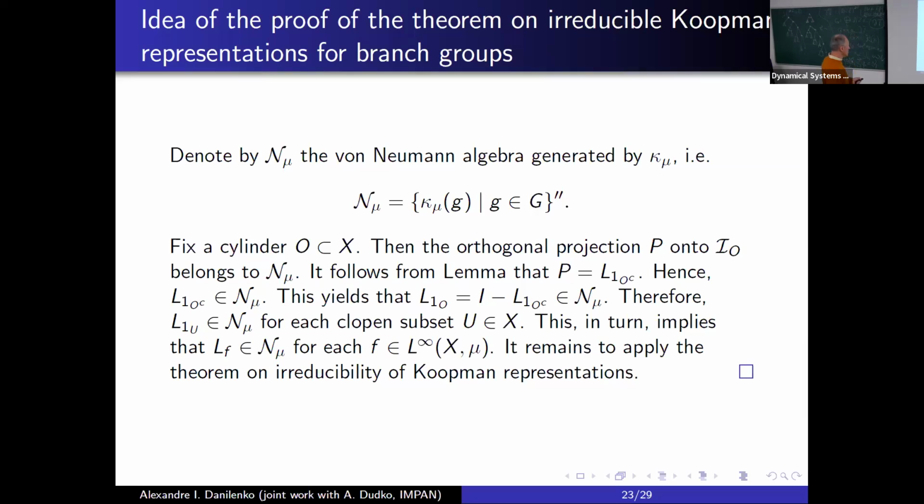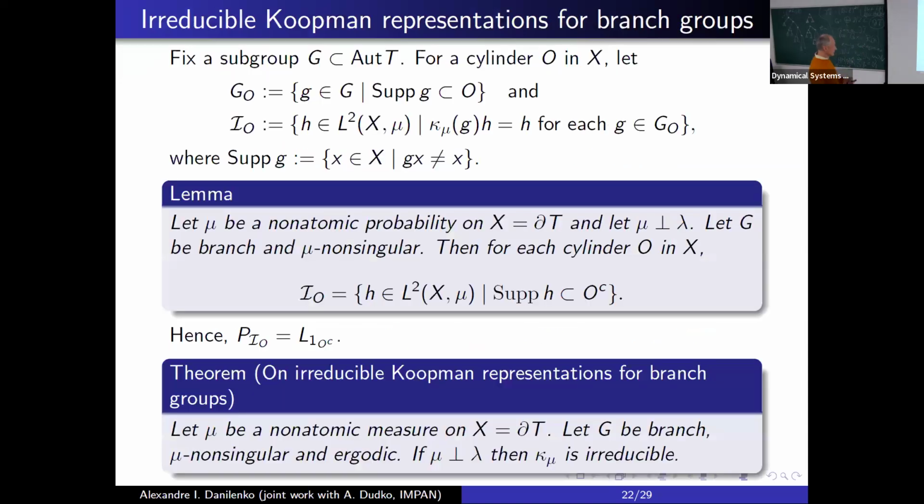In turn, this implies that multiplication by the indicator of any open set belongs to this von Neumann algebra. Hence, the same is true for M_F, where F is an arbitrary bounded function.